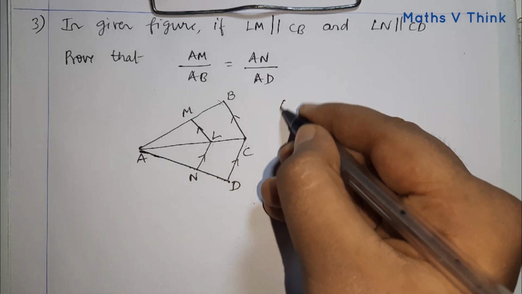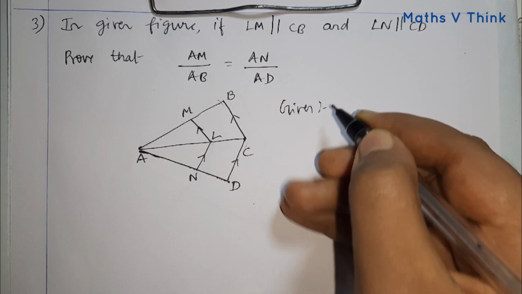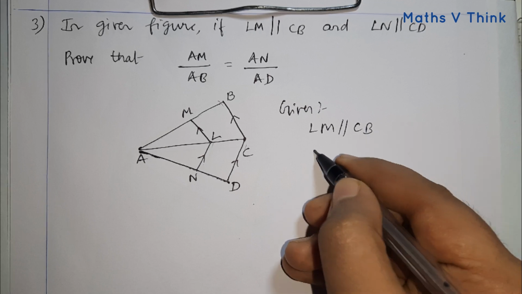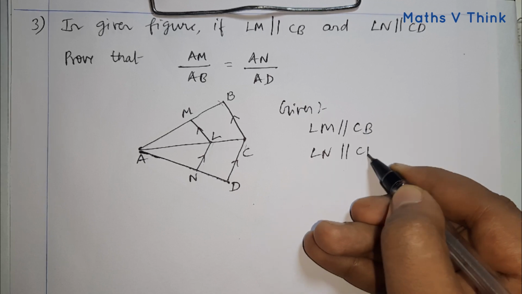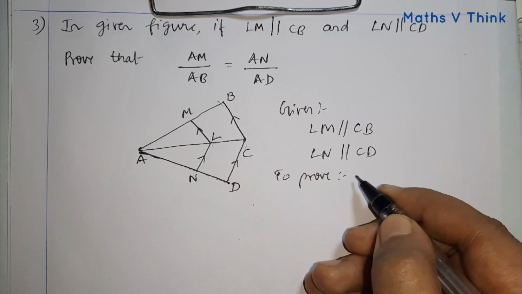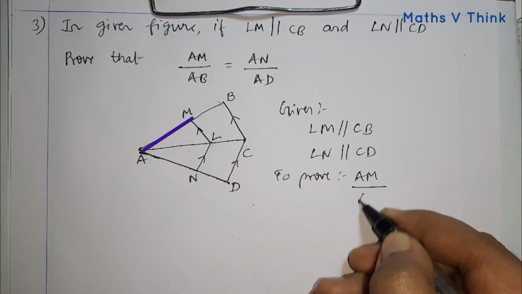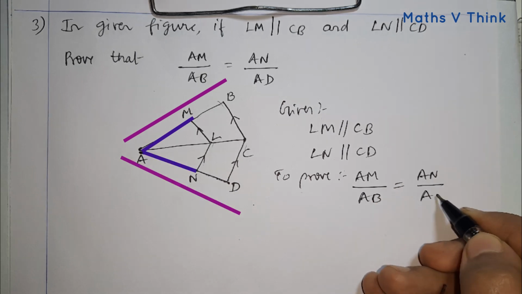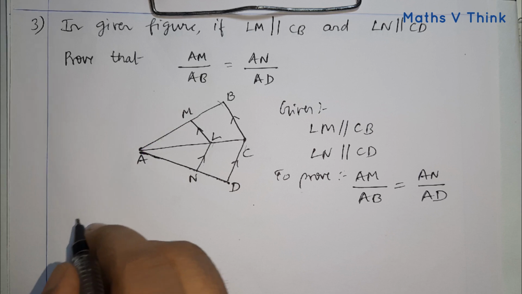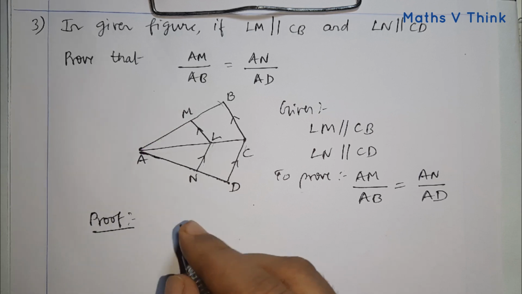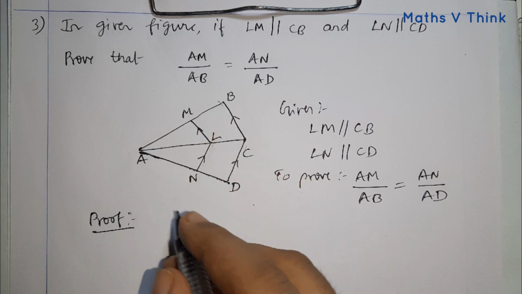So first we will write given. Given is what? LM is parallel to CB and LN is parallel to CD. Now to prove is AM by AB is equal to AN by AD. Now proof. First take triangle ABC.